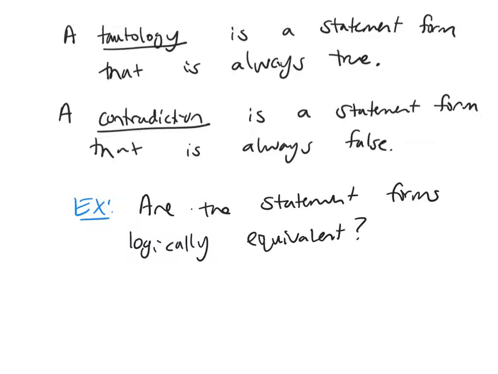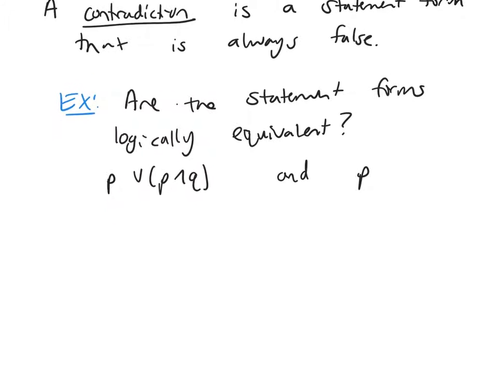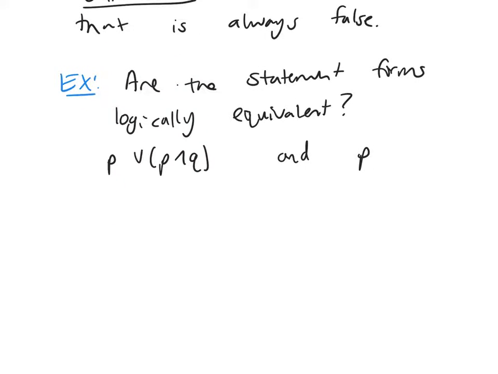My statement forms are going to be P or P and Q, and P. Are those things logically equivalent? Well, to determine if they're logically equivalent, we put them in a truth table together and see, are their columns identical? They need to have identical columns.